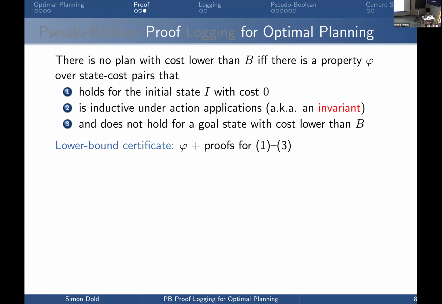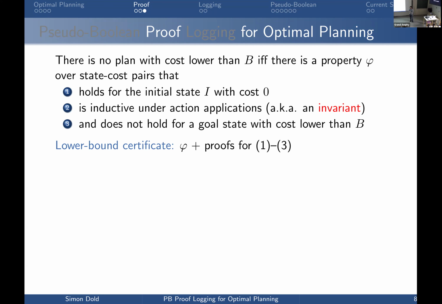Okay, but for this lower bound certificate, how can I convince you that no plan better than a cost of B exists? There we know that no plan with cost lower than B can exist if there is a property that fulfills the following three points.